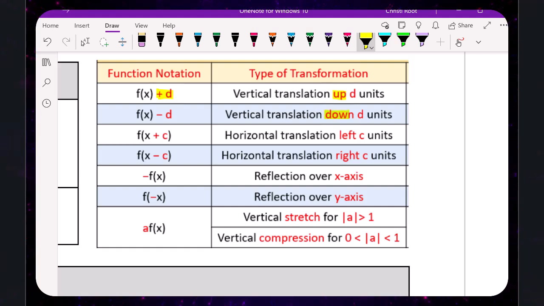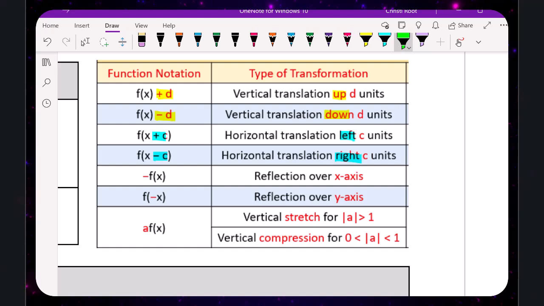If you want to move it down, you take away from the function. Moving left and right is different. You're using addition and subtraction, but you have to add or subtract from the x. So you can see right here it says x plus c, but it's not going to move it to the right. It actually moves it to the left. So adding c is going to move left. Taking away from x is going to move it to the right.